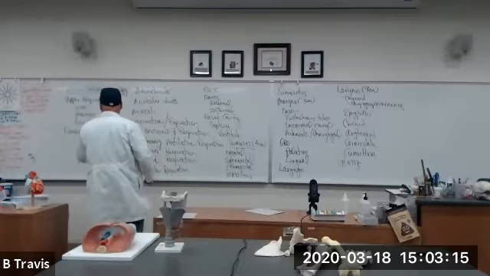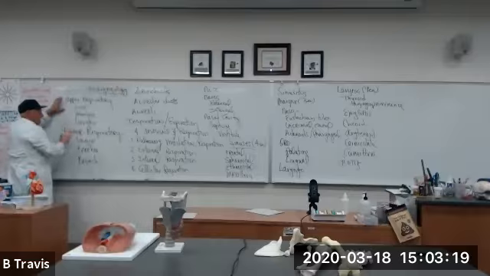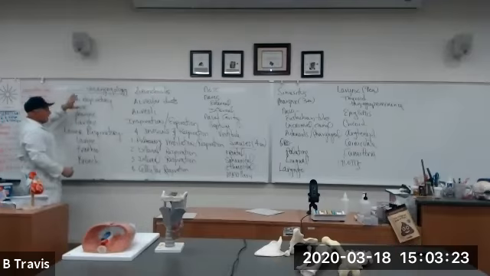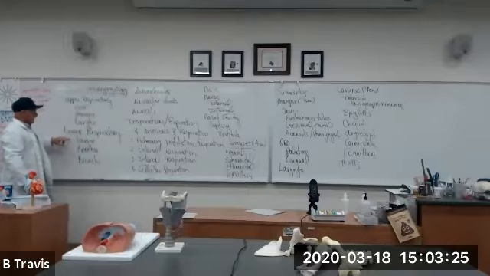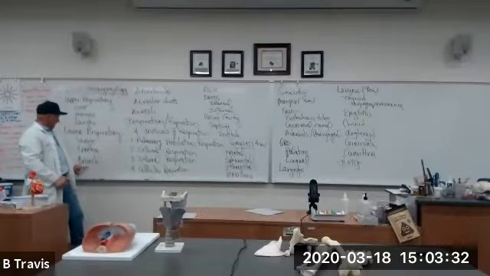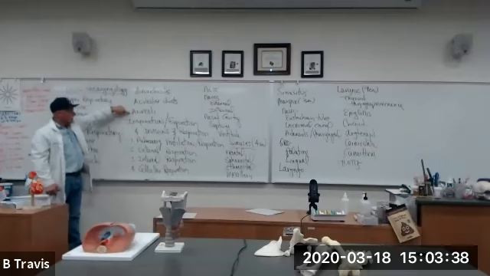The first thing we're going to talk about is what is upper respiratory, what is lower respiratory, and the components of those. And then we're going to take the respiratory tree, which begins with the nose, then it goes to the trachea, then it goes to bronchi, then it goes to bronchioles, then alveolar ducts, and then here's our air sacs. Okay?